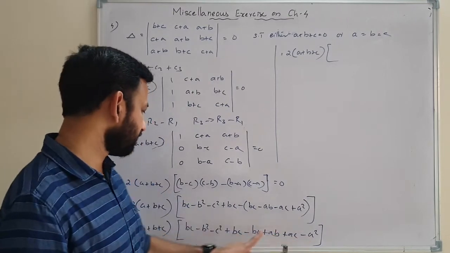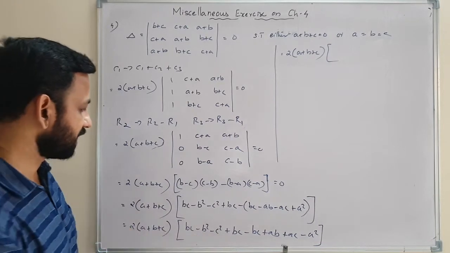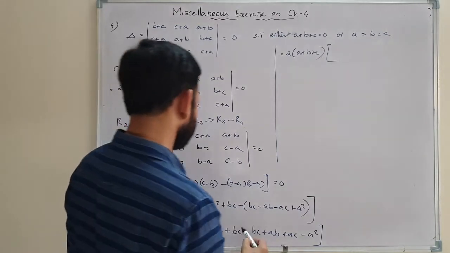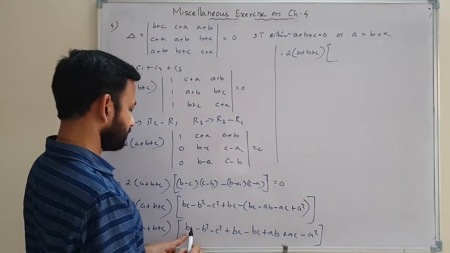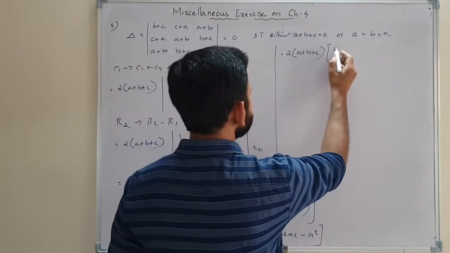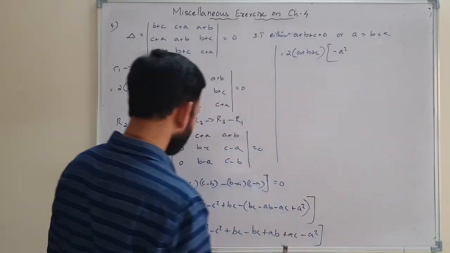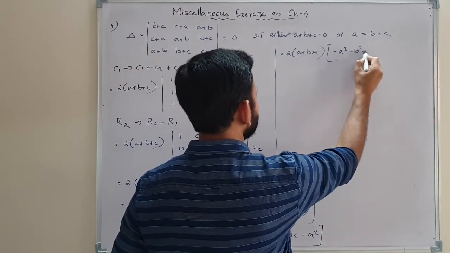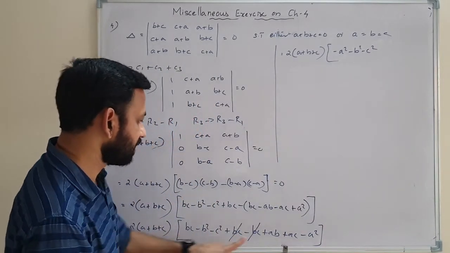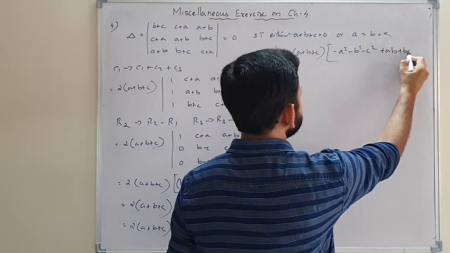We have minus A square minus B square minus C square. So we can take BC and minus BC will cancel, then plus AB plus BC plus AC, plus AB plus BC plus AC.